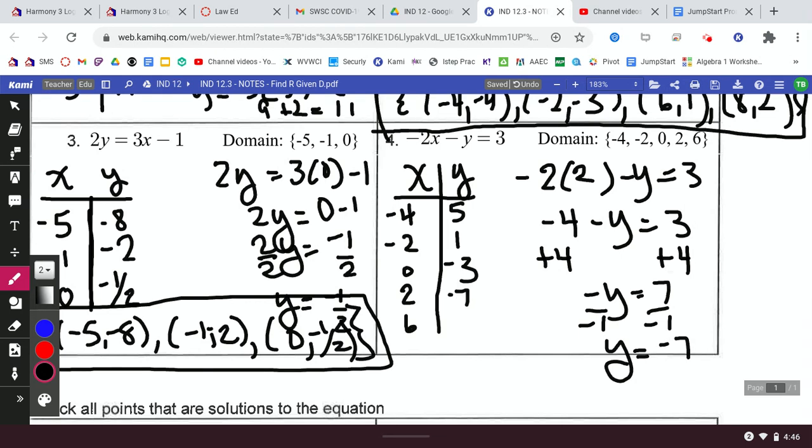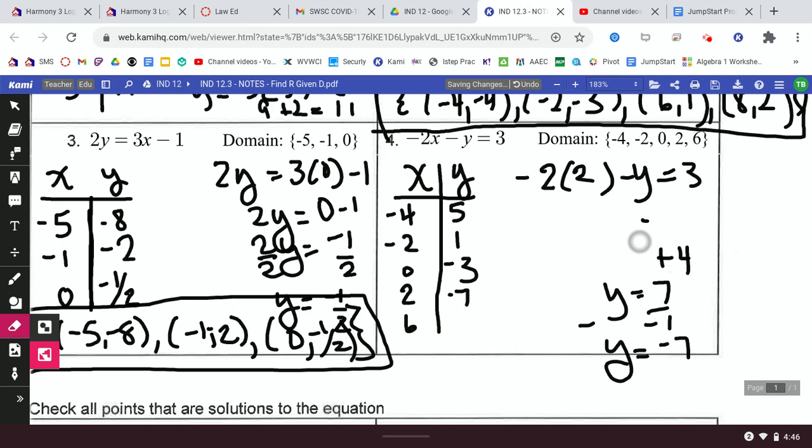And then last but not least, we work the whole thing again, and this time we plug in a 6 as our x value. And so we repeat the whole process one more time, and then we'll be able to write our answer as a set of ordered pairs.